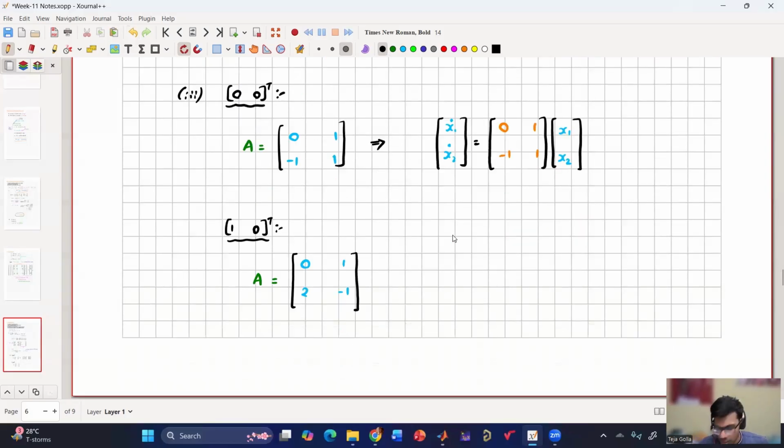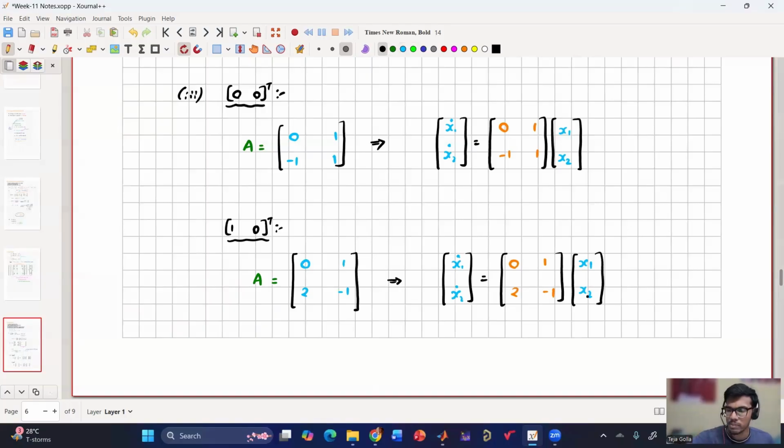Now if I rewrite the state vector in terms of the A matrix, I'll get x1 dot, x2 dot equal to 0, 1, 2, minus 1, times x1, x2.